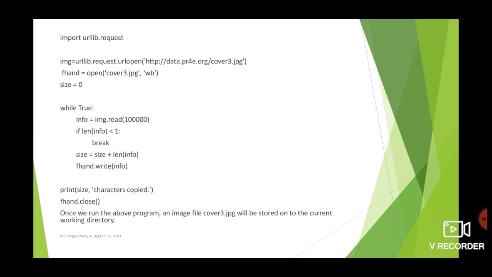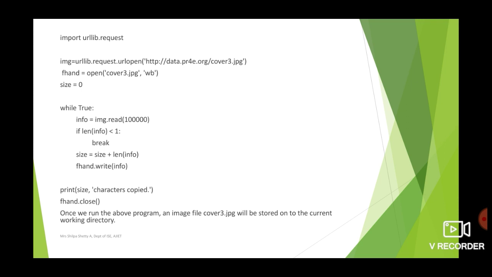So here is the program: import urllib.request. Once we do that, let us open the file here. The file is saved in the variable img in the main memory of the computer. That is, the file is cover3.jpg from the web server data.pr4e.org.